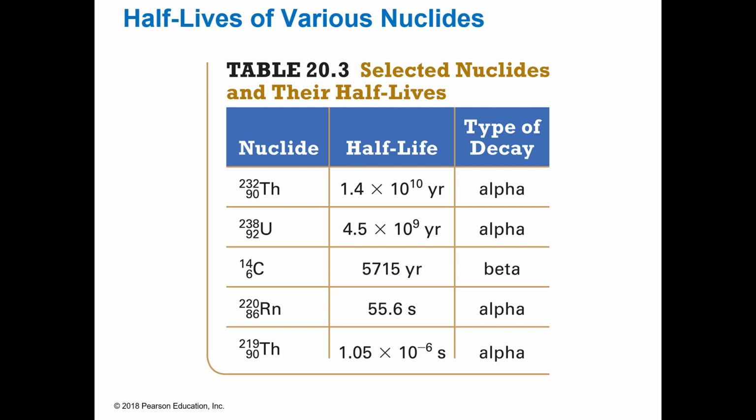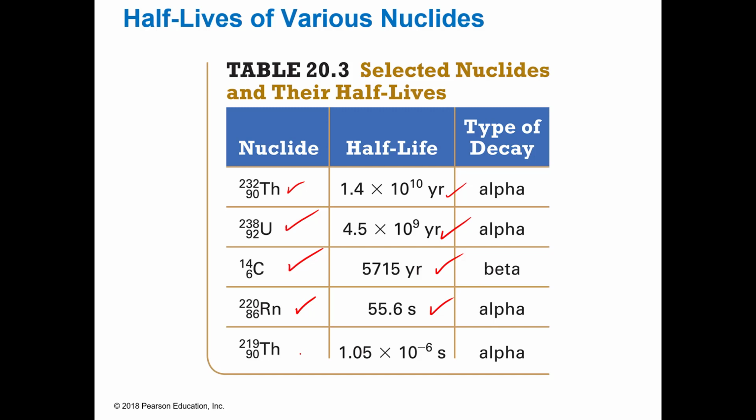And so this is just an example of some of the half-lives of some common nuclides. Thorium, for example, a billion years. U-238, almost that long. Carbon-14, 5715 years. Radon, 55.6 seconds.